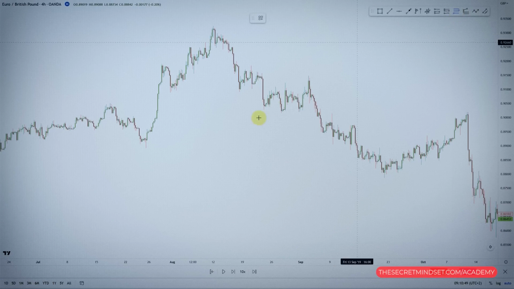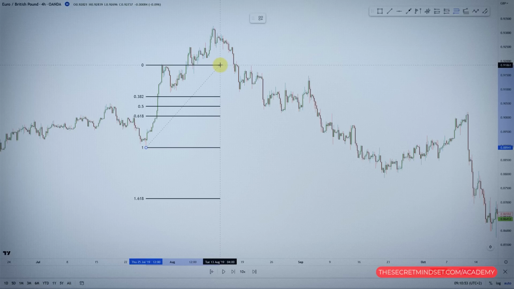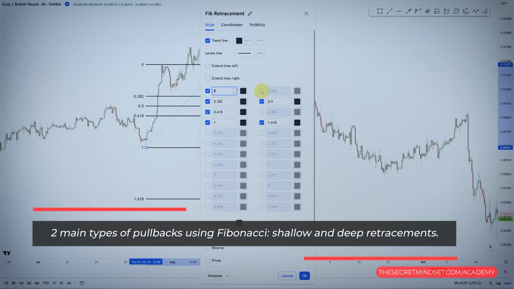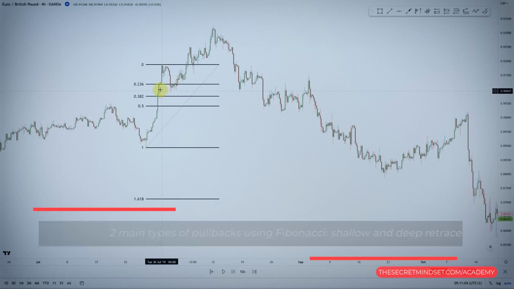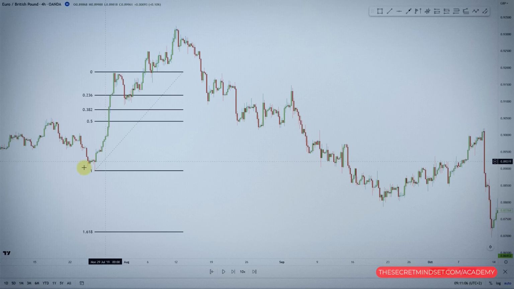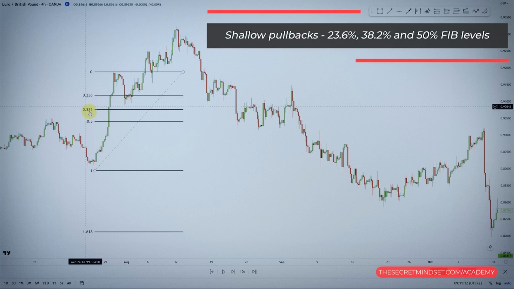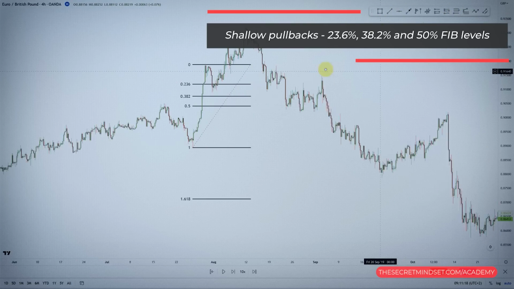Fibonacci levels provide areas of interest to watch for pullbacks. There are two main types of pullbacks using Fibonacci: shallow and deep retracements. If you correctly analyze the strength of the trend, you will have high probability areas to take trades. Once a trend has clearly established itself, you will often see shallow pullbacks to the 23, 38, and 50% Fib levels, which are very typical before the trend continues.